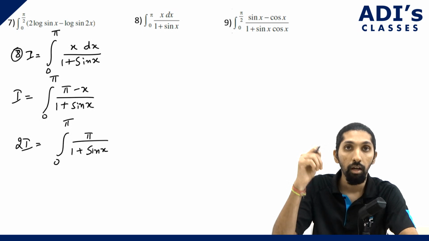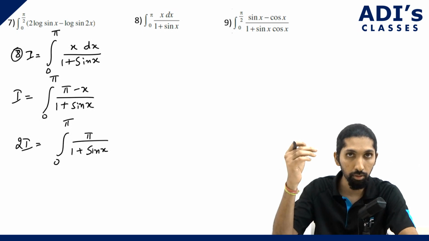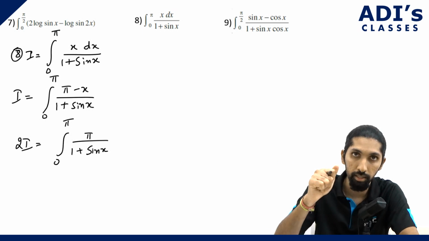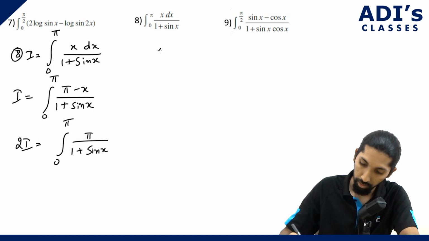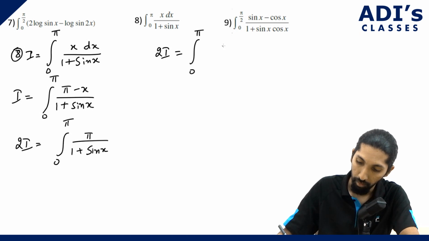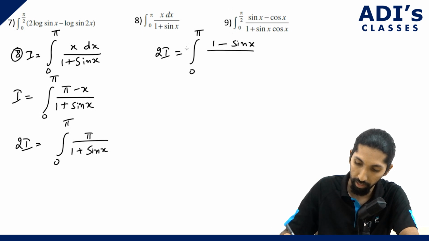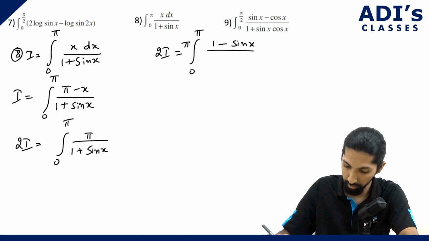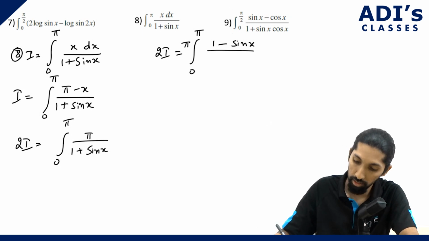One of the ways is to multiply the numerator and denominator by 1 minus sin x. That means 2I is equal to integral 0 to pi of 1 minus sin x divided by, pi is constant and anyway outside, 1 plus sin x into 1 minus sin x, which is 1 minus sin square x.